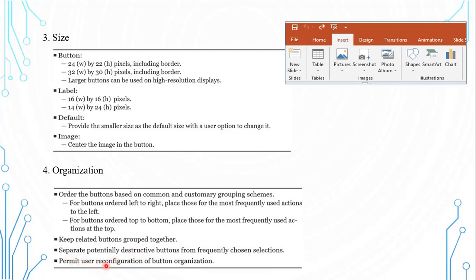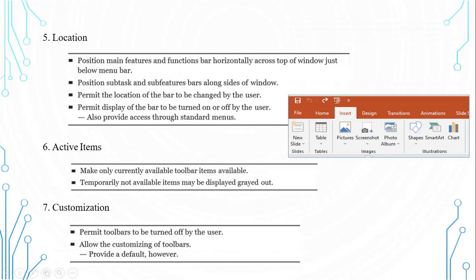Permit user reconfiguration of button organization. So you have to give the permission for reorganizing or reconfiguration of the button organization. So let us understand the location of the toolbars.